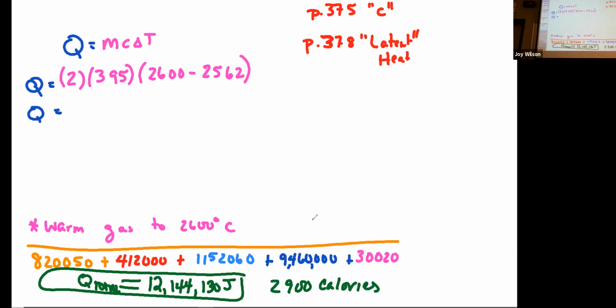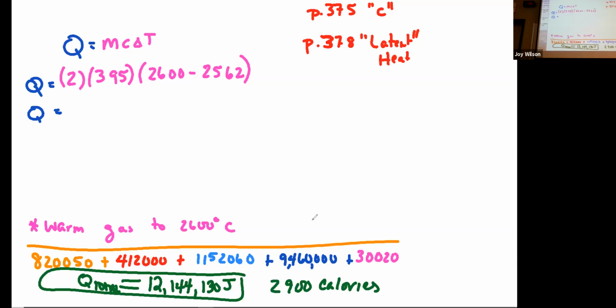All right, so what's our big takeaway here? First of all, the calculations depend on what you're trying to do. If you want to warm or cool something, you're using MCΔT. If you want to change the state of an object, changing the state requires a heat of fusion or heat of vaporization. What do you notice about those numbers?